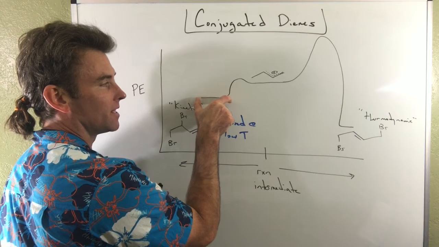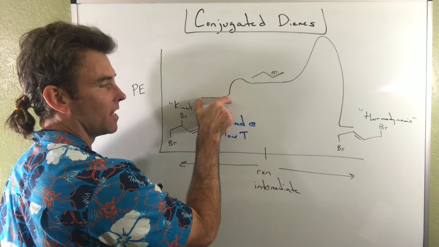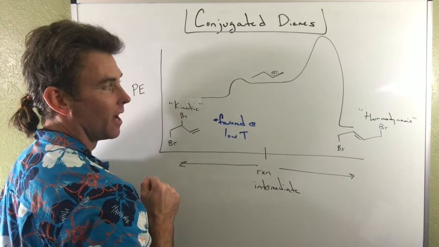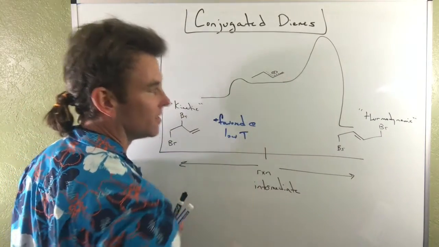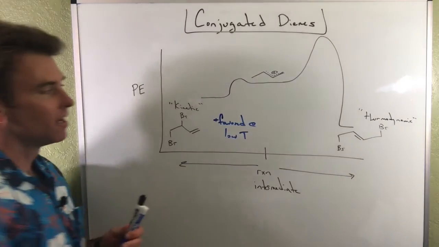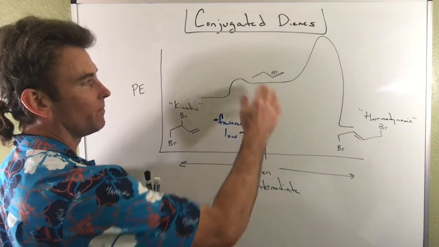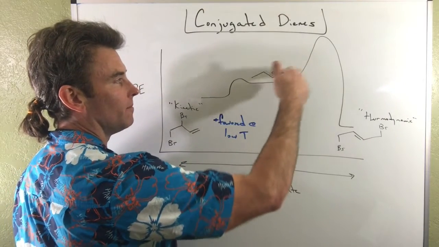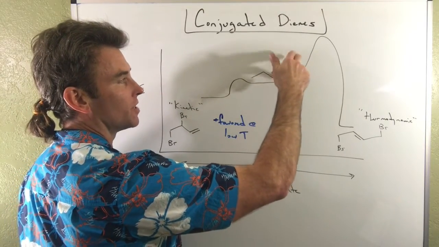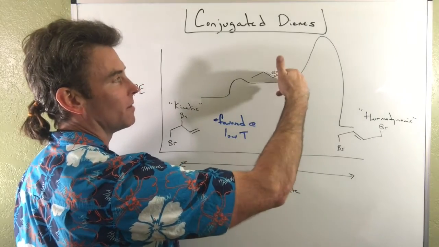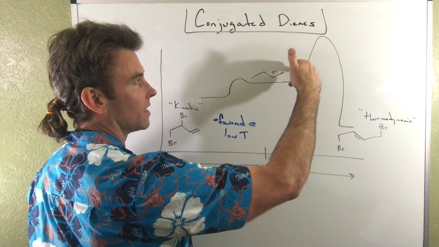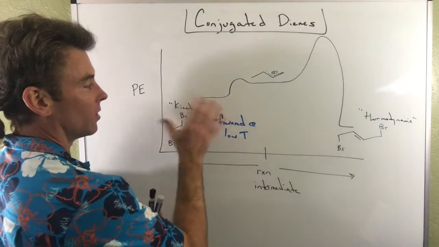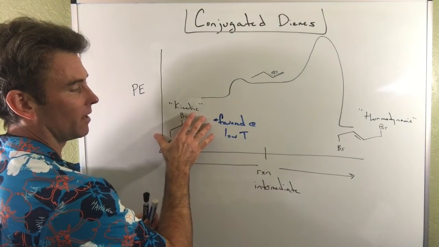But the problem is that the potential energy state of this thing is not nearly as low as the thermodynamic product. But the thermodynamic product, of course, has this huge hill to climb energetically. So the reason this is favored at low temperatures is that you really don't have enough energetic dynamics in the system for an appreciable amount of this stuff to make it over the hill. Some might, but really not that much. So you're going to see this product at low temperatures.